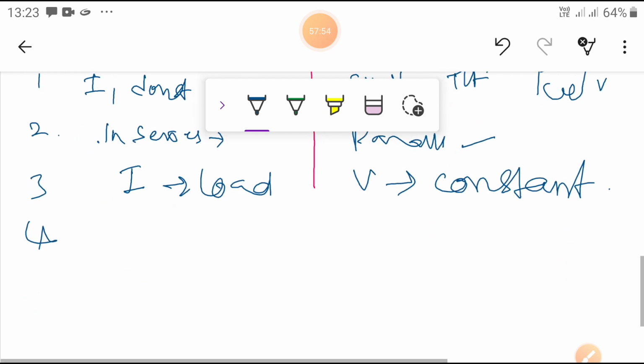In PT we can open that also, but CT may not be opened. So the CT is a series transformer under virtual short circuit conditions, whereas the PT is a parallel transformer with the secondary winding operating under open circuit conditions. Here it is short circuit condition. That is the fourth.